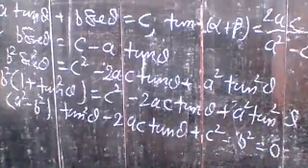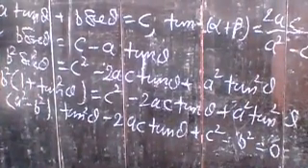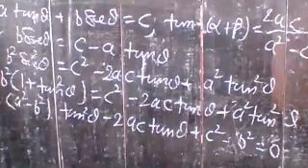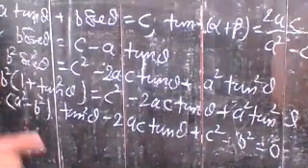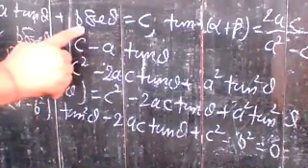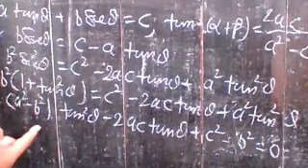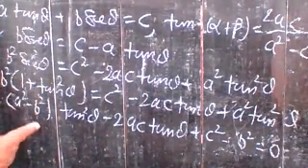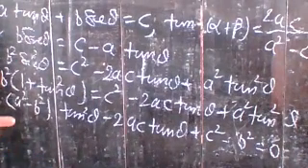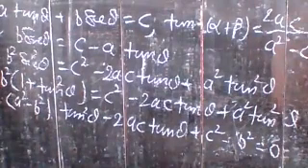Now, it is given in this question that alpha and beta are the roots of this equation. Understand? This equation is quadratic in tan, so the roots of this equation are taken as tan alpha and tan beta.